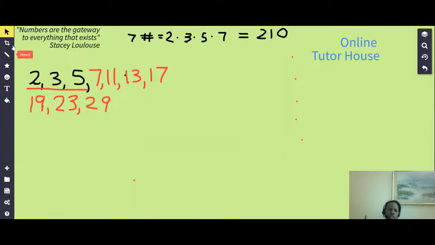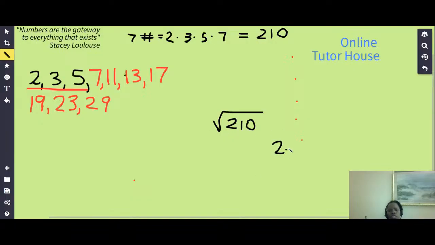So the square root of 210, we can look for the perfect squares to help us know what's the square root of 210. Kind of like a mental shortcut is to think about the perfect squares. So that's why learning your perfect squares is important.